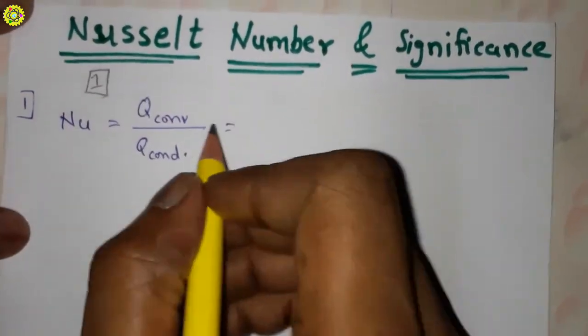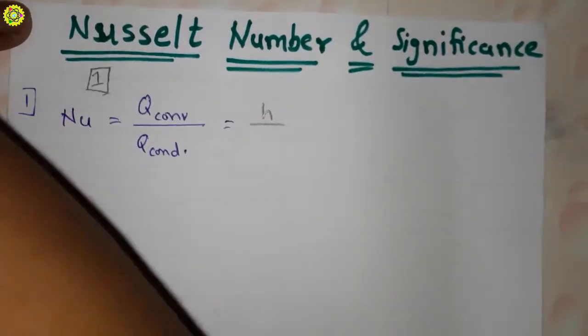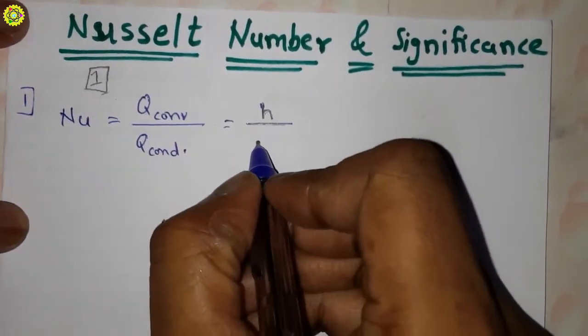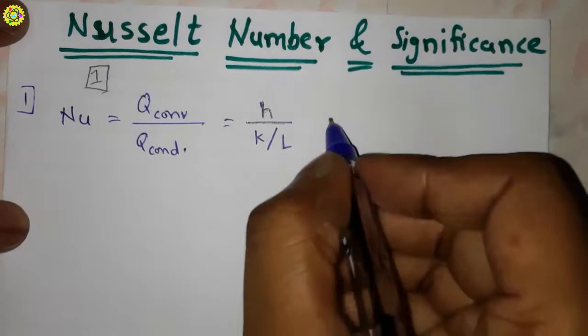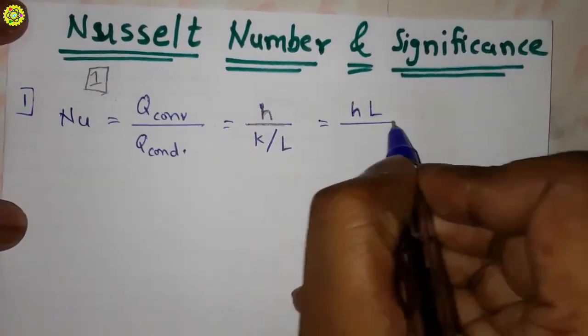So this equation becomes H upon K upon L, and after simplifying this becomes HL upon K.